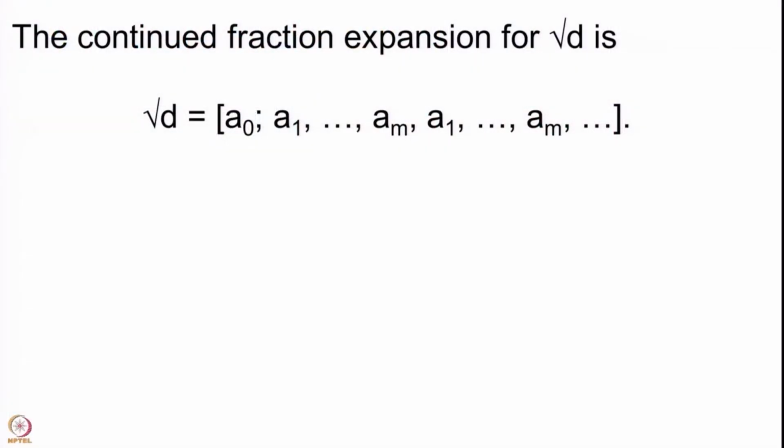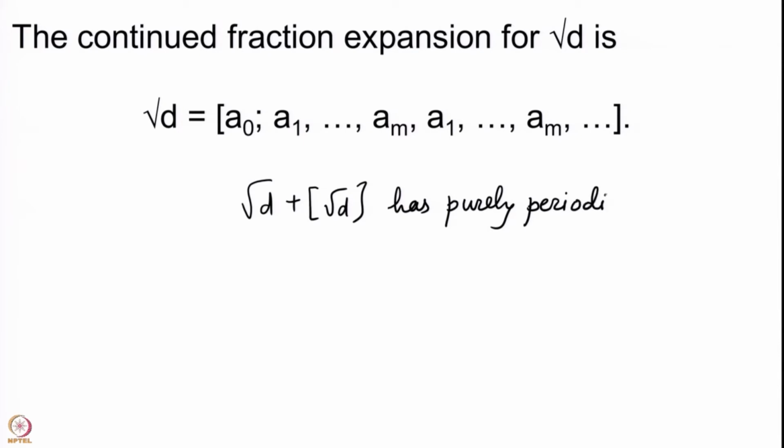But we are going to get more and more conditions on these convergents. We first of all see that if we consider the continued fraction expansion for root d, we have seen that root d plus its integral part has purely periodic continued fraction expansion.